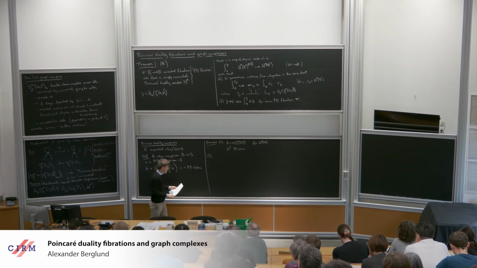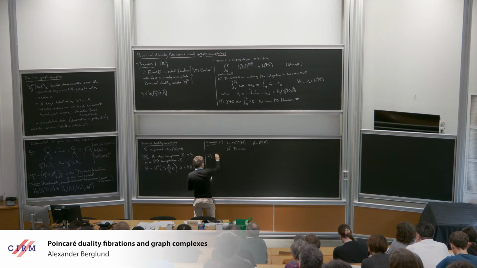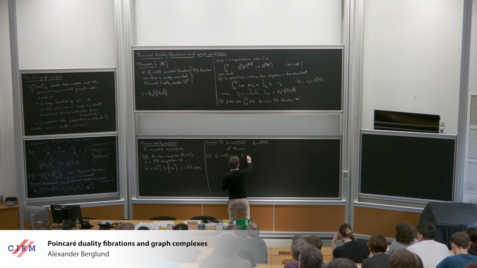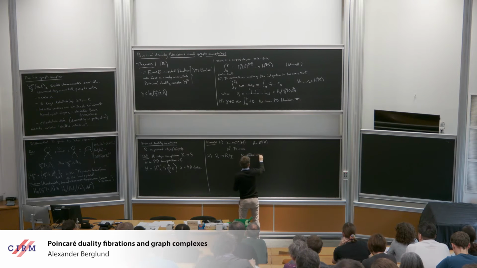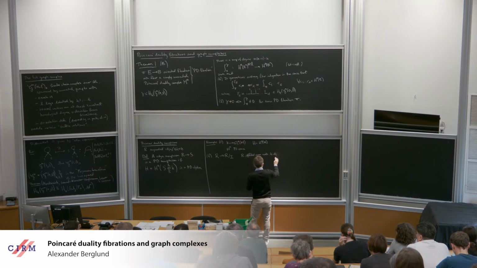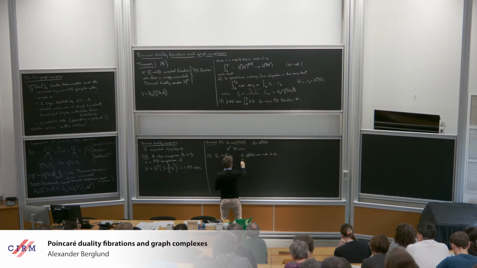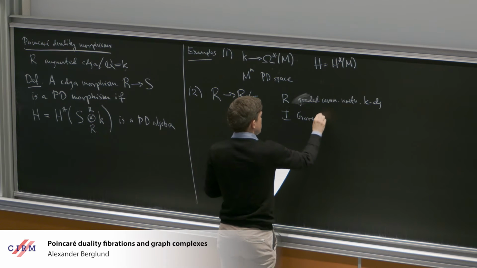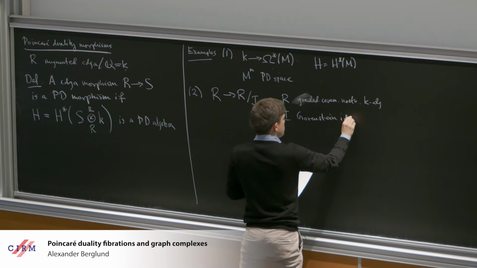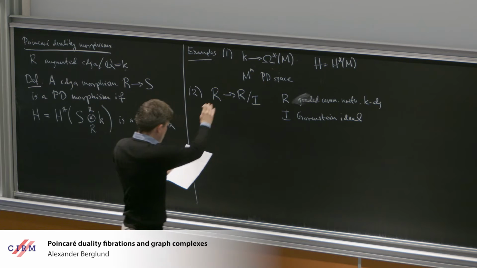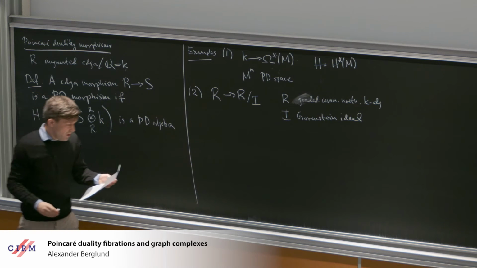And then a slightly different example comes from algebra. So if you have R mapping to R mod I, where R is now just an ordinary graded commutative Noetherian K algebra, and I is a Gorenstein ideal, then this is an example of a Poincaré duality morphism.